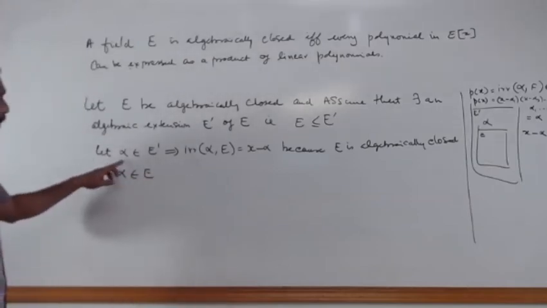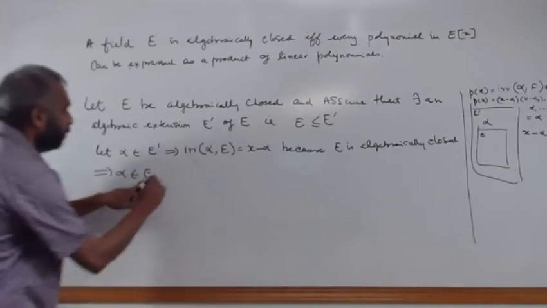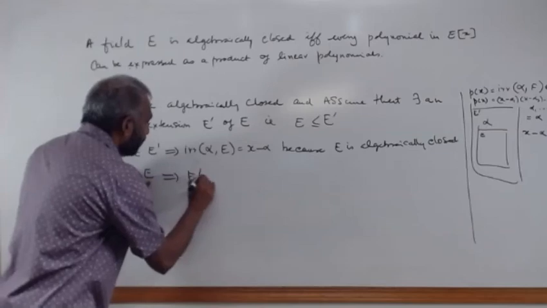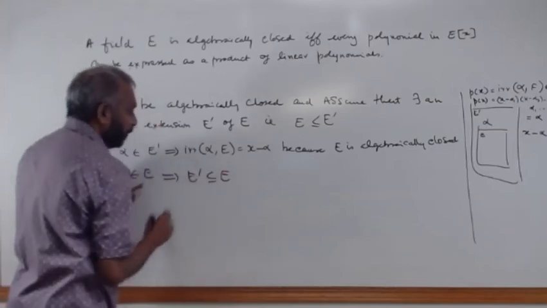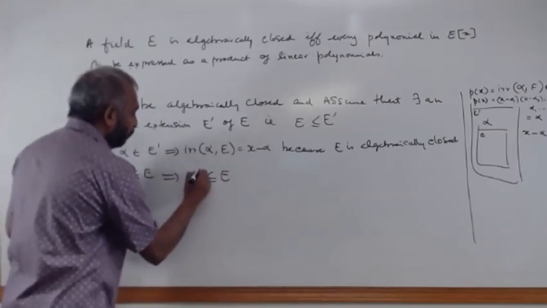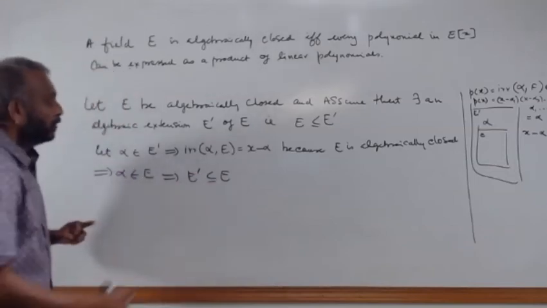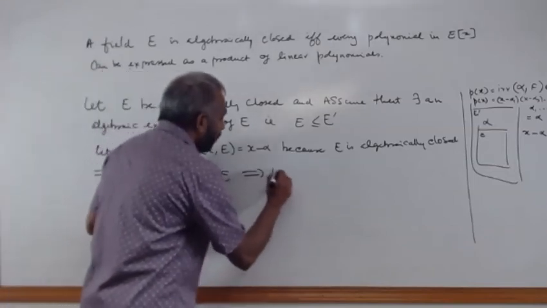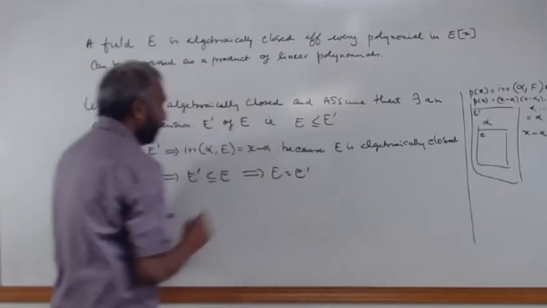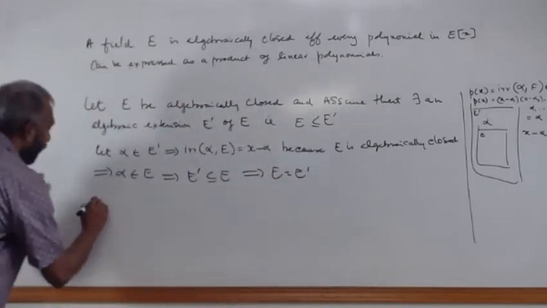So what we are having is that every element from E prime is also an element of E. That means E prime is a subfield of E. So that implies E is equal to E prime. So what is the result?